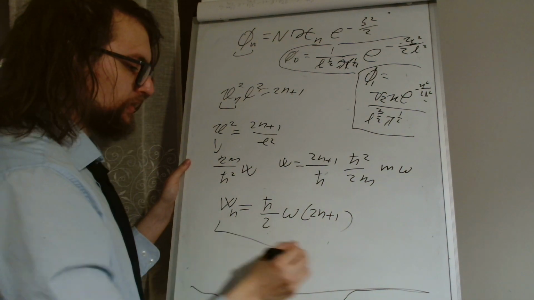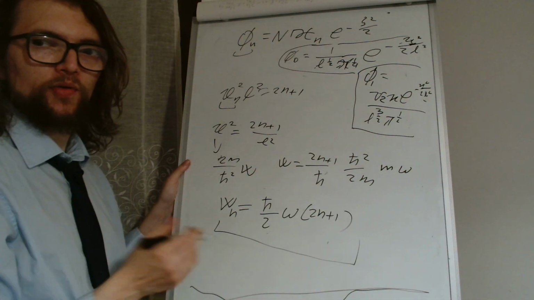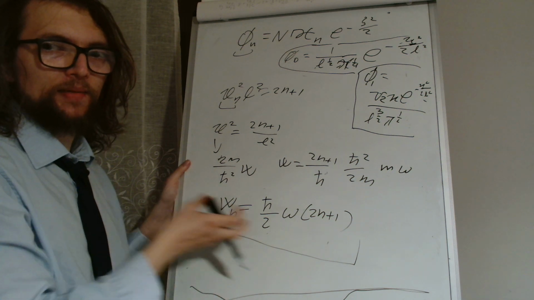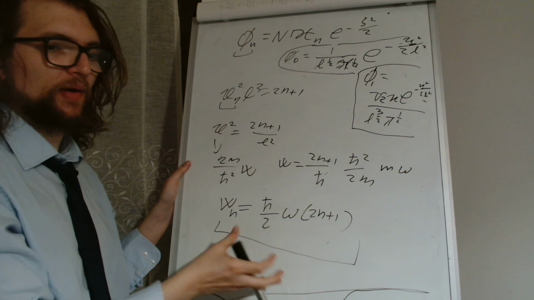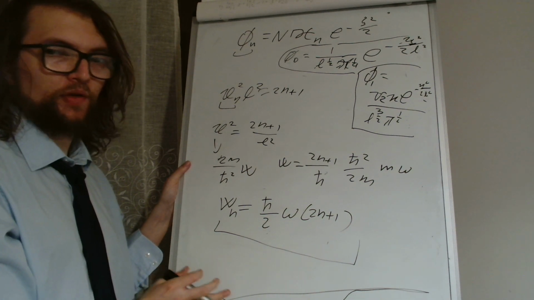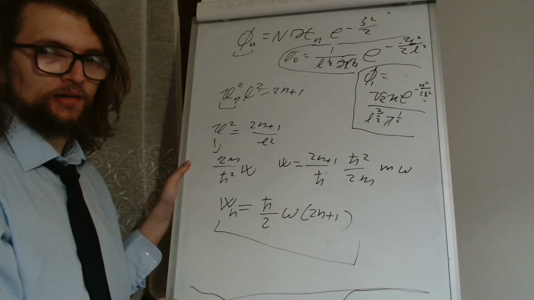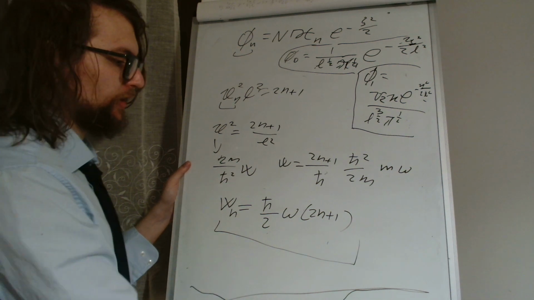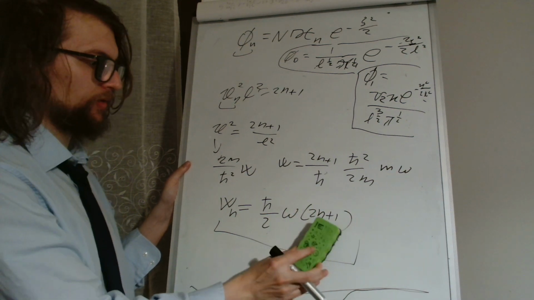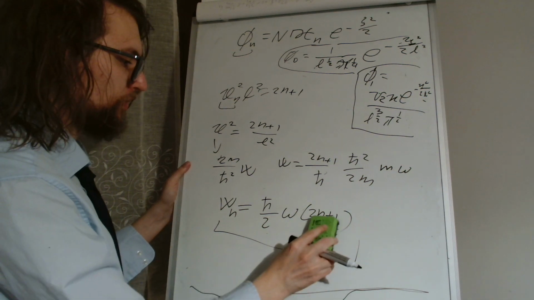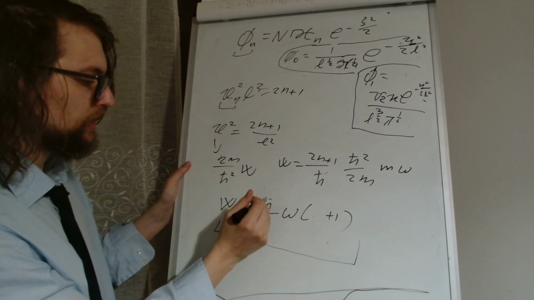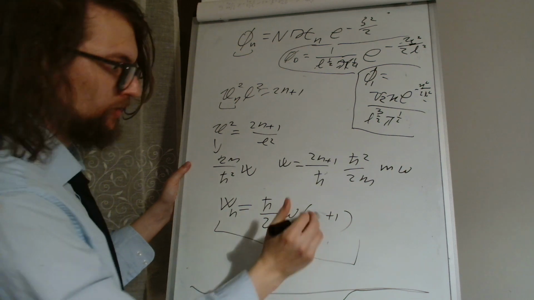And this is indeed the well-known value for the energy of the quantum harmonic oscillator. It is well known that the harmonic oscillator does not start from zero energy, but from h-bar omega divided by 2.